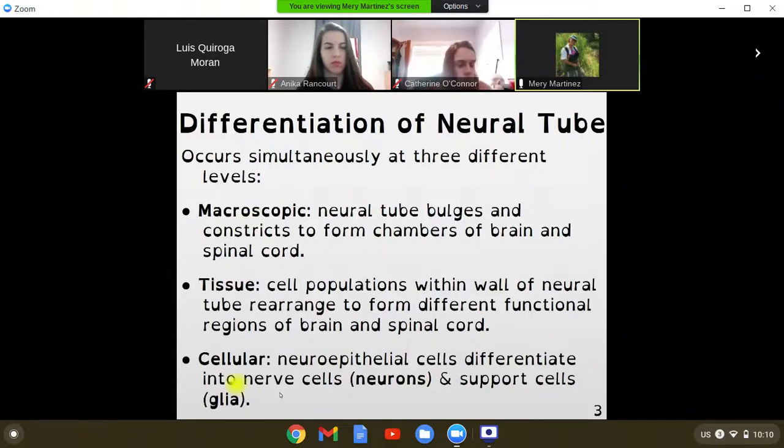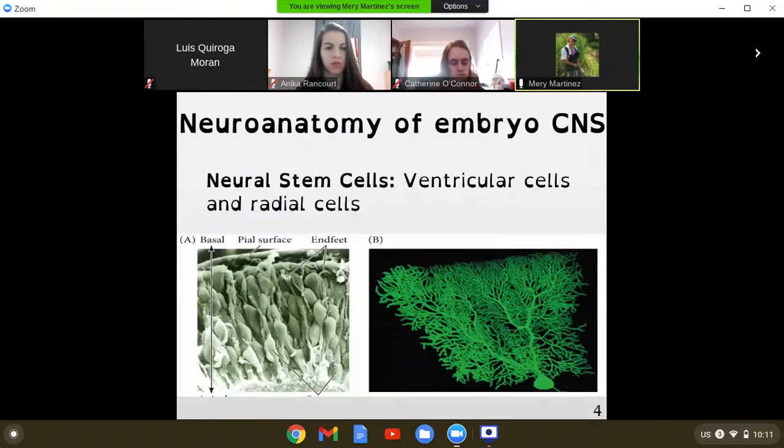At the cellular level, the neuroepithelial cells themselves differentiate into various types of nerve cells that we call neurons, or supportive cells that we call the neuroglia, right? There are way more neuroglia than there are neurons, because neurons are high maintenance types of cells.